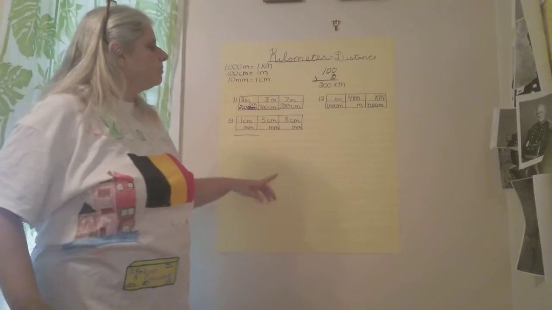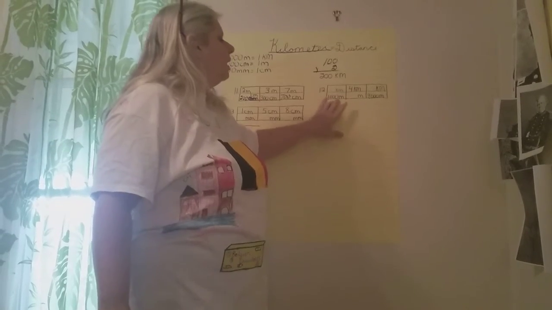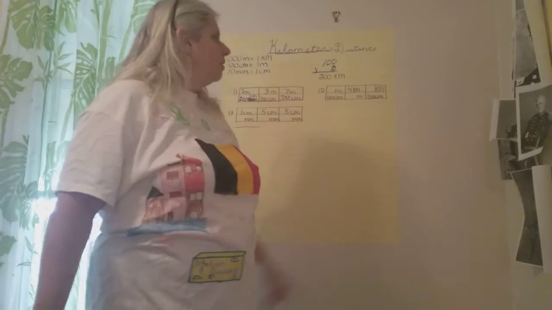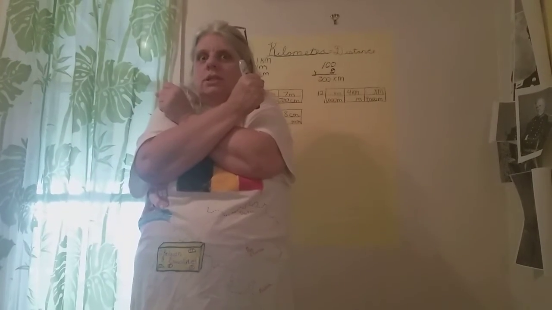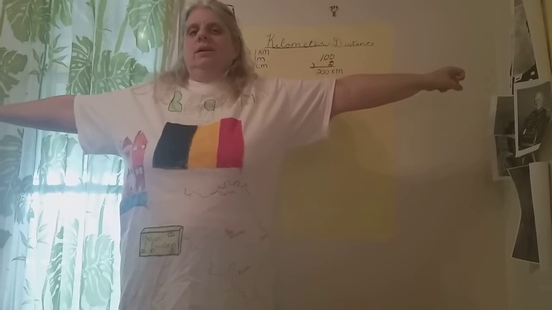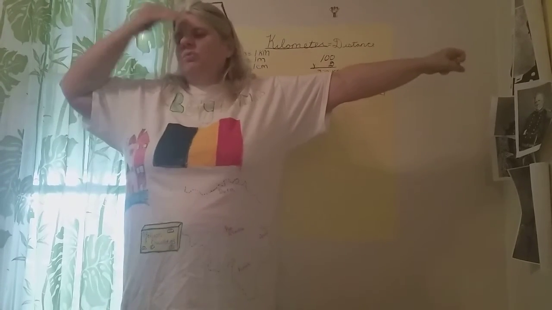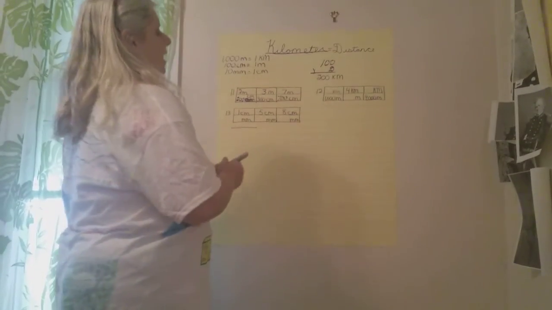Okay? So here we have 1,000 meters and we're going to go to kilometers. So 1,000 meters is smaller than kilometers. So what are we going to do? What do we look like? We look like a division sign. Okay, so we're going to divide.